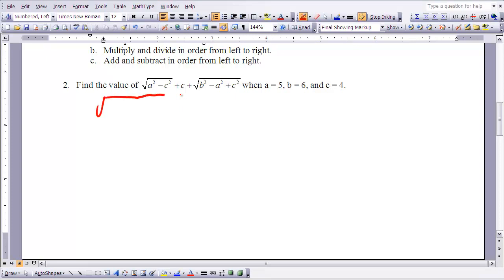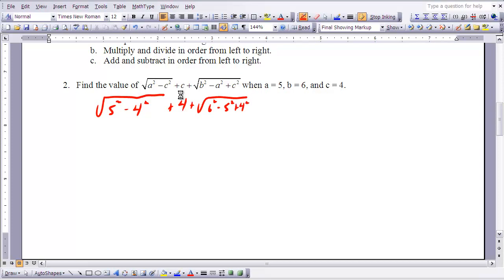So instead of A squared and C squared here, we're going to put in 5 squared minus 4 squared plus, instead of C, I'm going to put a 4. And here we would have B squared, which would be 6 squared minus 5 squared plus 4 squared. Okay?